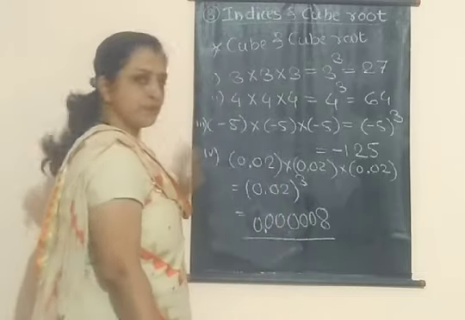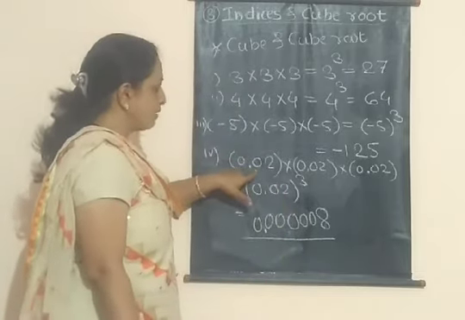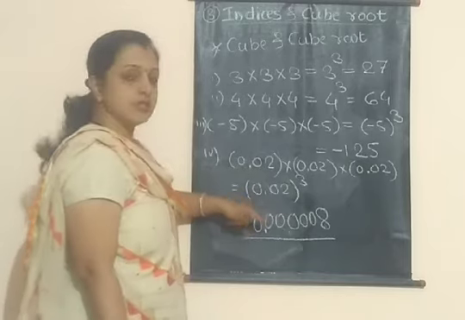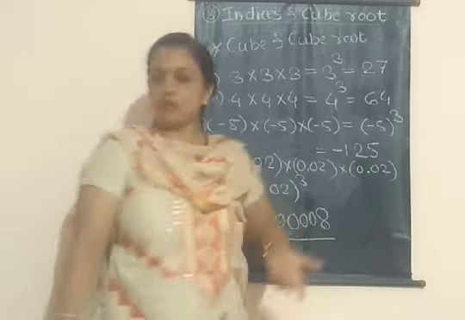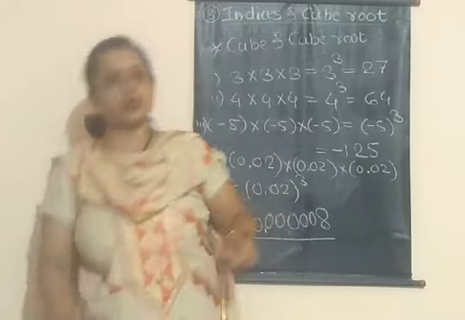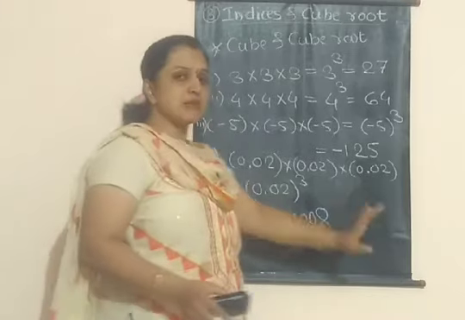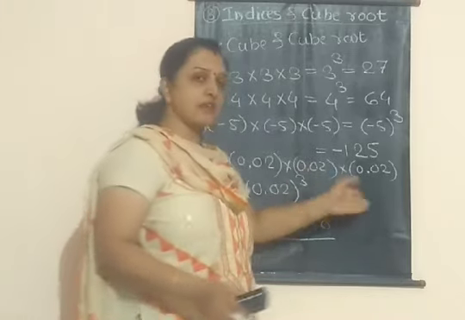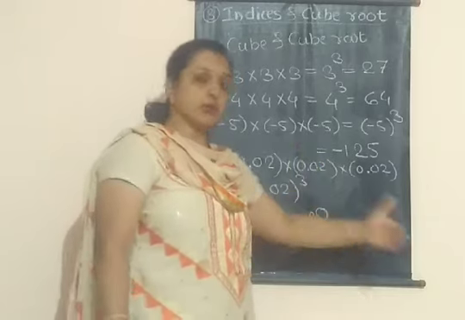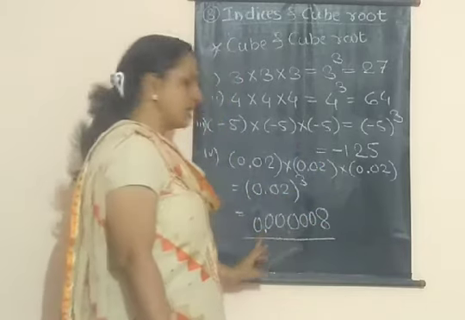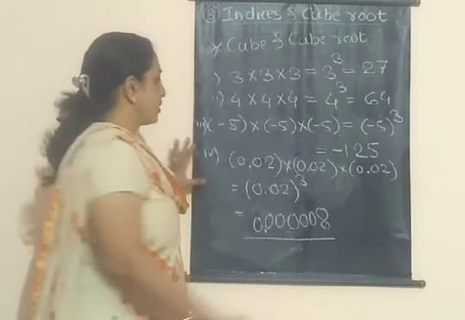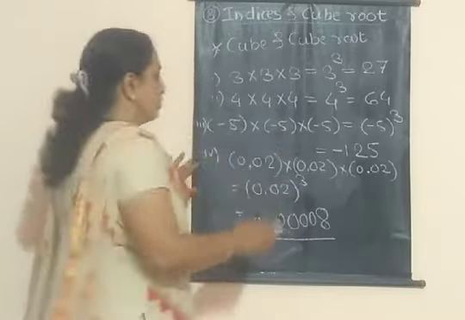Okay, got it? In this way you can find the cube of 0.02. If there is another such question, you can use the same method. Just measure how many digits are after the decimal point, leave that number of digits and then give the decimal point in the answer. So this is about the cube.